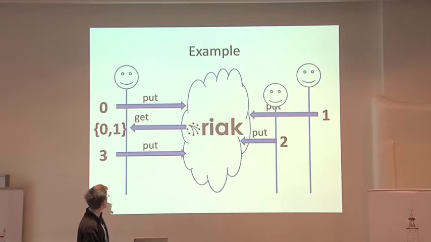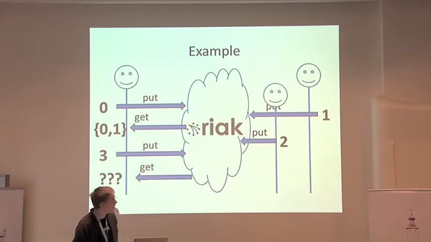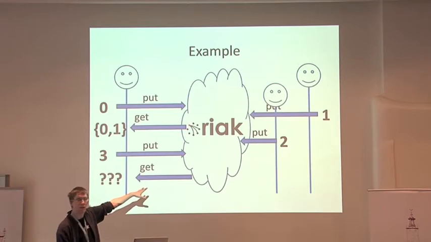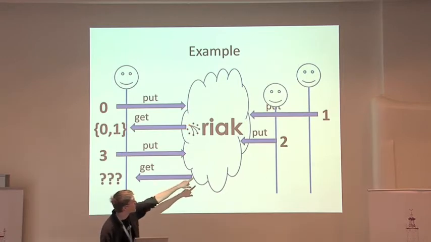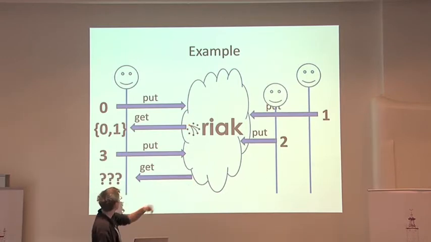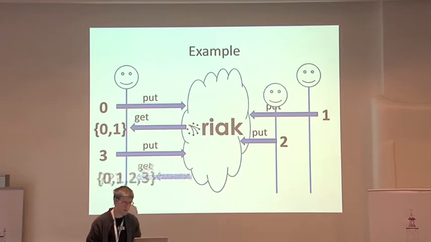First guy does a put with 3, so he's resolving this conflict between 0 and 1 by putting 3. And then there's a get, again by the first guy. So what would we expect to see here? 2 and 3, yeah. So the first guy resolved this conflict, but the 2 wasn't in it, so the 2 should still be there, and we should see 2 and 3. Oops.